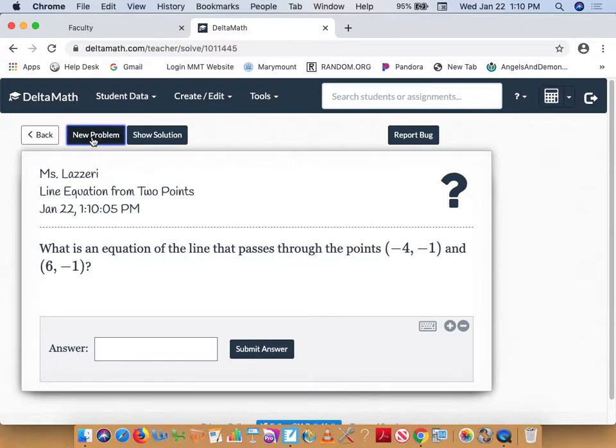No, if you have a point and the slope, you have the line. If you have two points, you have the line. Okay? I cannot have any idea what the line is without that information. If you just give me one point, it could go through it any way it wants to. If you give me a point and the slope, done. Or if you give me a point and a point, done. Great question, Margo.